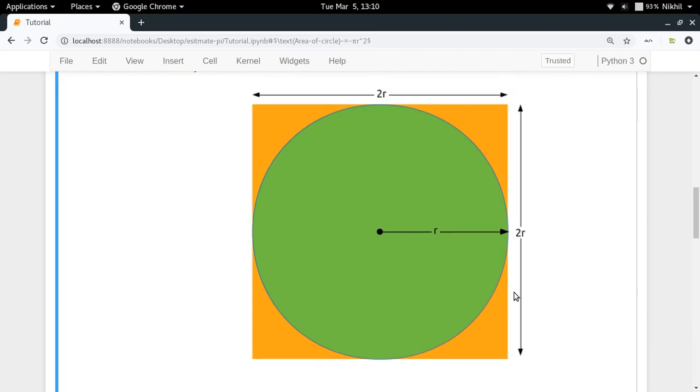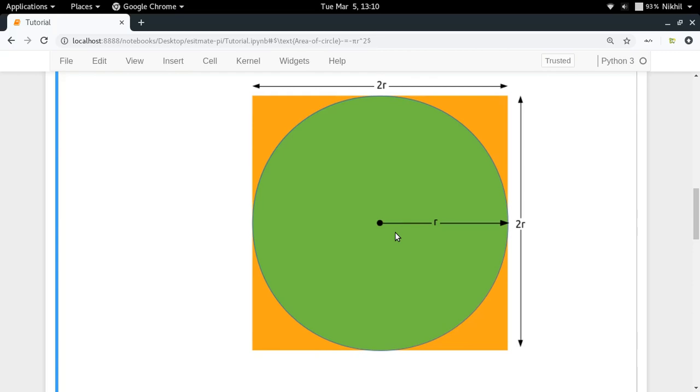Now consider that this particular figure is like a dartboard. If you can throw darts on this figure, what is the probability that a dart thrown randomly on this board will fall inside the circular region? By using basic probability techniques, we know that the probability that a dart, when thrown randomly without any strategy, will fall inside the circle is the area of the circle divided by the area of the square.